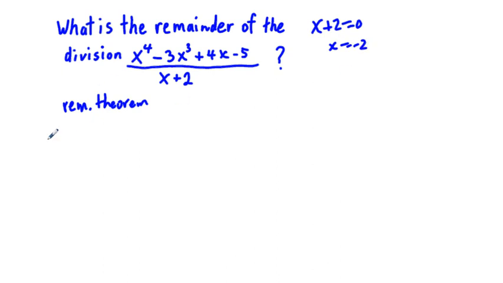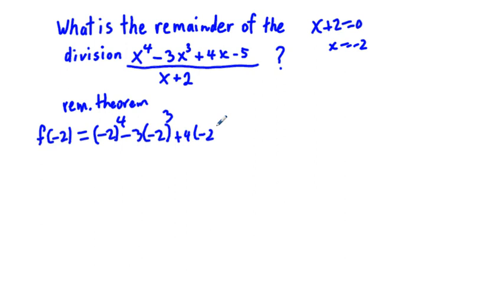So if we take f of negative 2 and plug that into this x to the fourth, we put negative 2 to the fourth, minus 3 times negative 2 to the third, plus 4 times negative 2, minus 5, we're going to get a remainder.